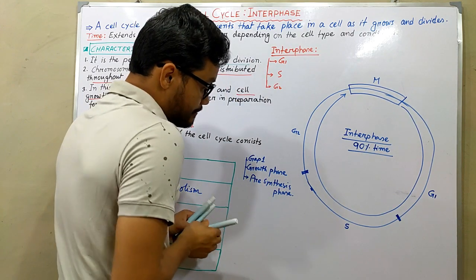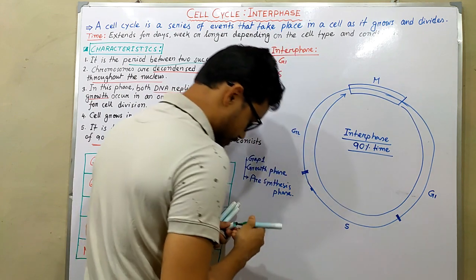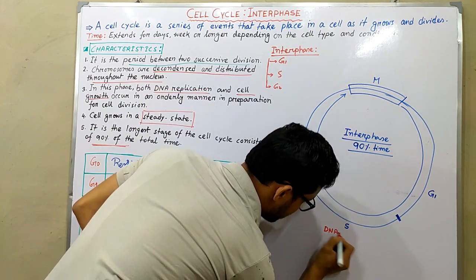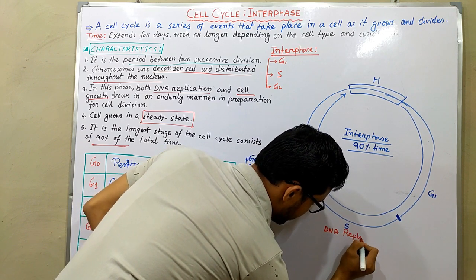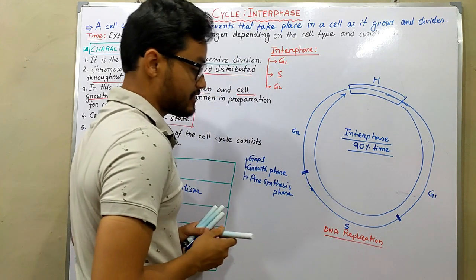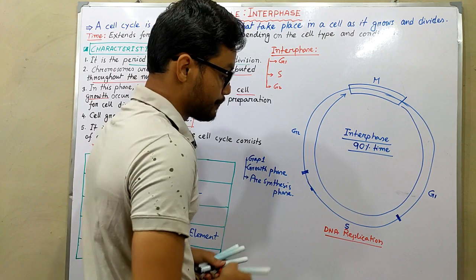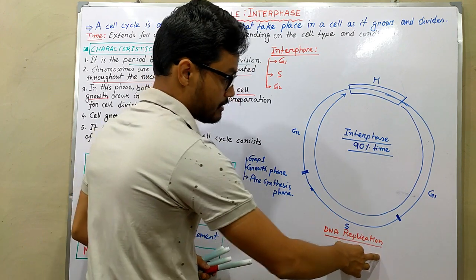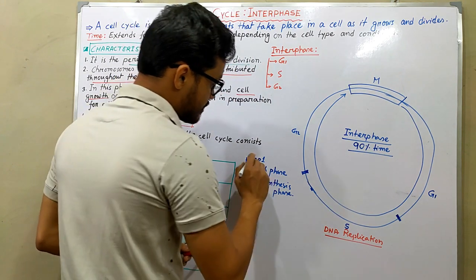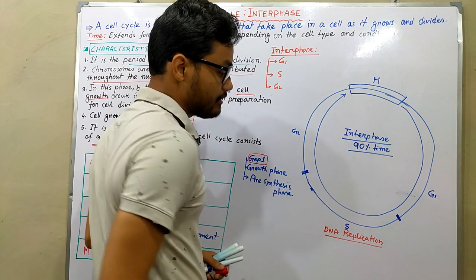It is known as pre-synthesis phase because in S phase DNA replication takes place. The major characteristic feature of the S phase is the DNA replication process. So S is the synthesis phase, that is why G1 is known as pre-synthesis phase, and it is also known as gap 1 because it fills a gap between M phase and S phase.